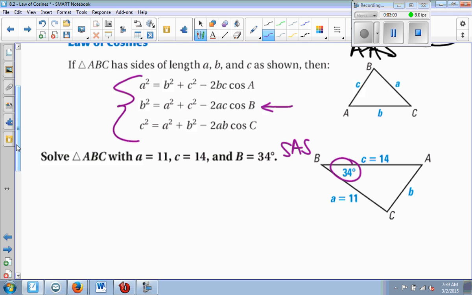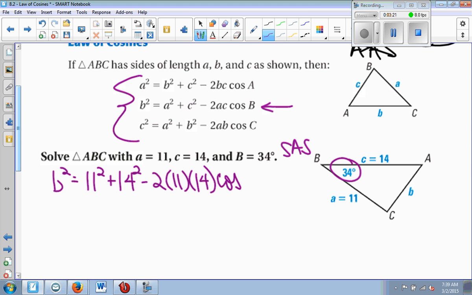Keep in mind, whenever you're using law of sines or cosines, the little letters represent side lengths and the capital letters represent angle measures. So we would have B squared equals A squared plus C squared, so 11 squared plus 14 squared, minus 2 times 11 times 14, multiplied by the cosine of B, which is 34 degrees.